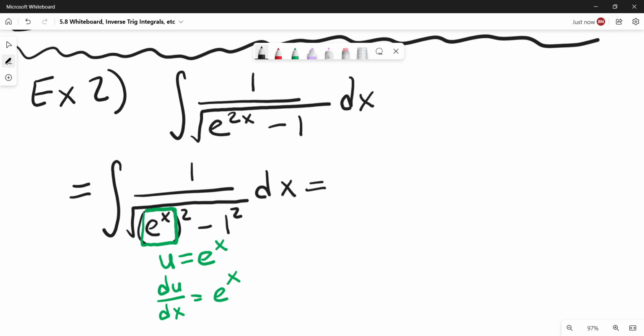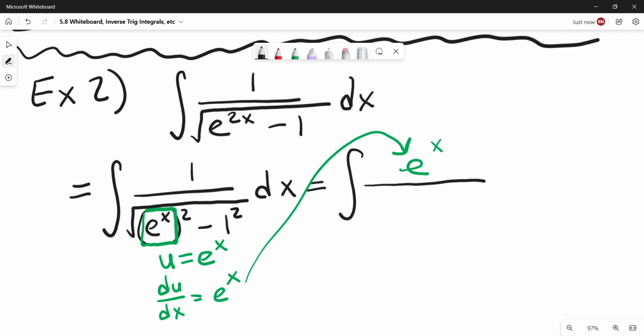So we need an e to the x. Let me start this. We need this e to the x up here. Oh please, let us do that. It's the only way we can survive this problem, because that's u prime.